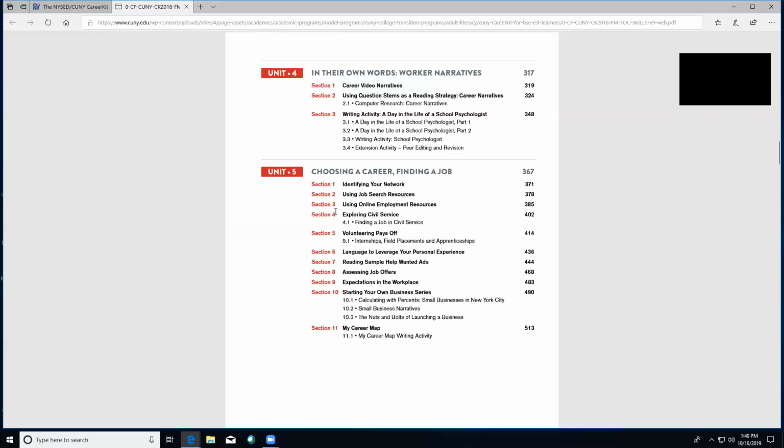We have some activities around civil service so that students can learn what that is, how you can come to work in civil service, about the exam system and all of that. We have an activity around developing language that you can use in a job interview to describe yourself.